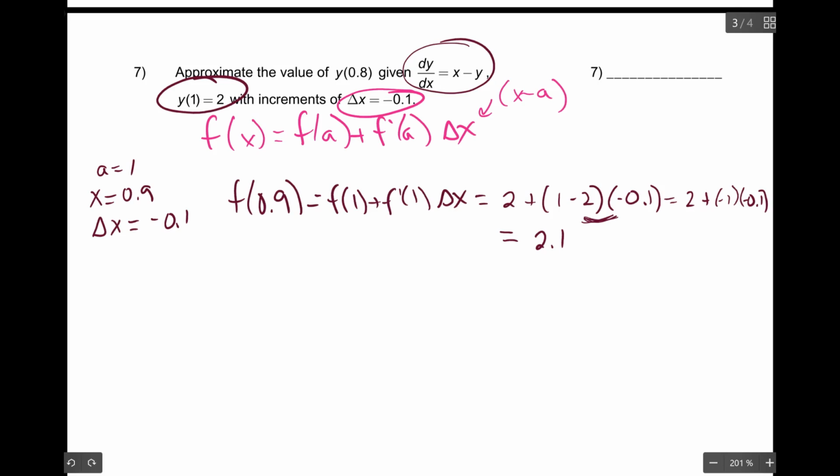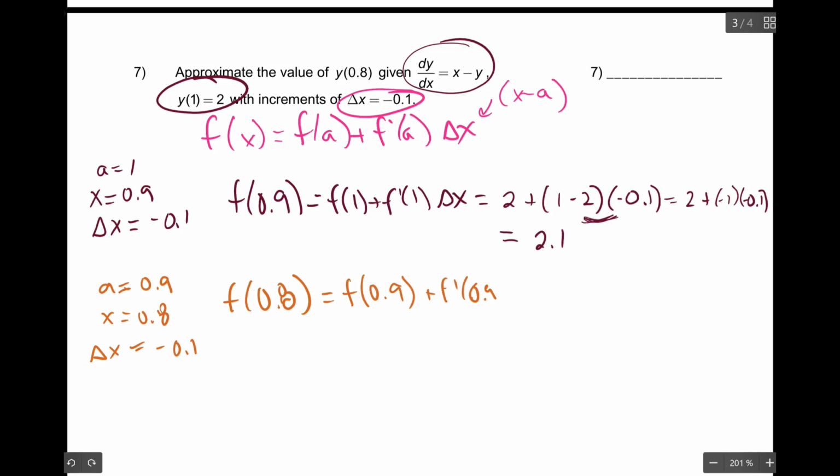Cool. Now I want to do f of 0.8. This is the one we're actually trying to solve for. Nice, only 2 iterations. My a value here is 0.9, my x is going to be 0.8, step size negative 0.1. f of 0.8 is f of 0.9 plus f prime of 0.9 times delta x.